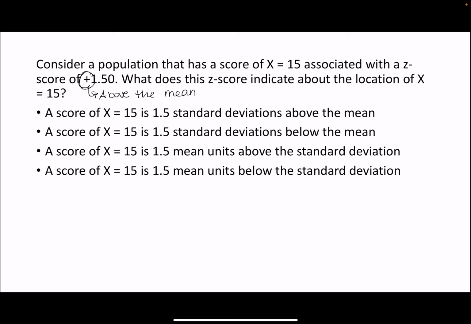Positives mean they are above. So automatically we get to nix out this answer right here because it says below the mean and we know our value is above, and we get to X out this one because it also says below and we are above. So then remember that this is the number of standard deviations away from the mean.